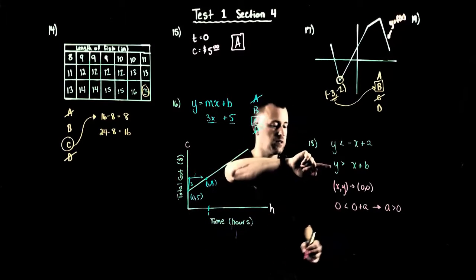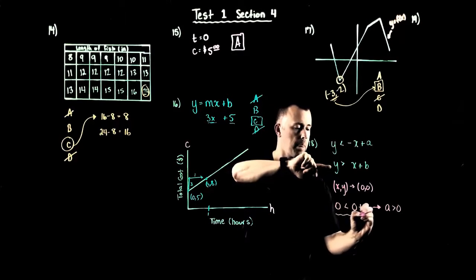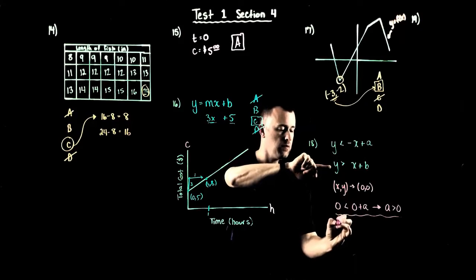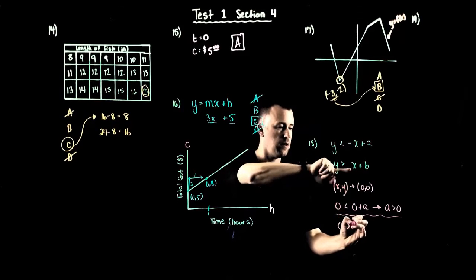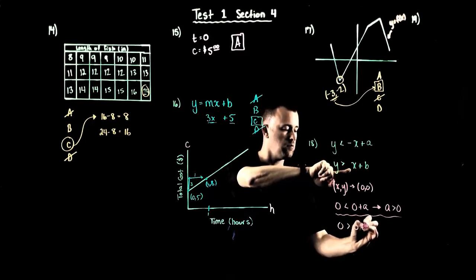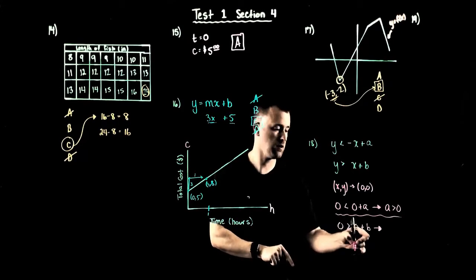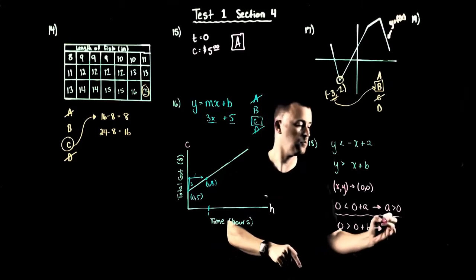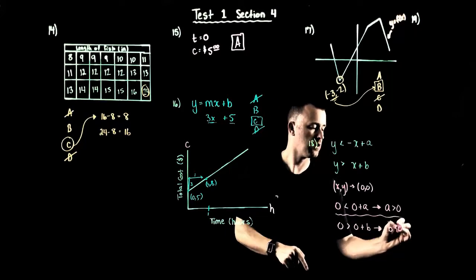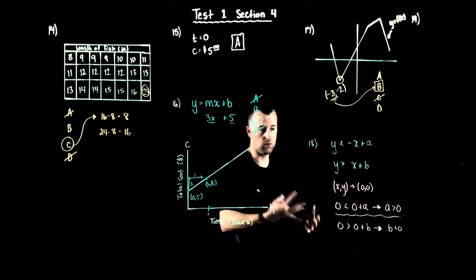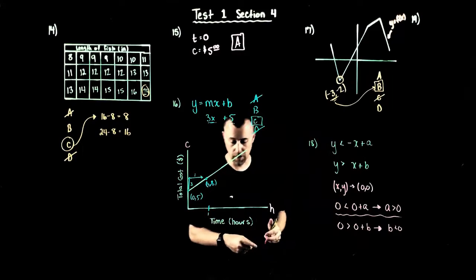Next, I'm going to plug into my second equation here. So that's going to say 0 is greater than 0 plus B. So if I plug that in, it looks like B is less than 0. So B is negative. Once I know that, I should be able to figure out what they want.